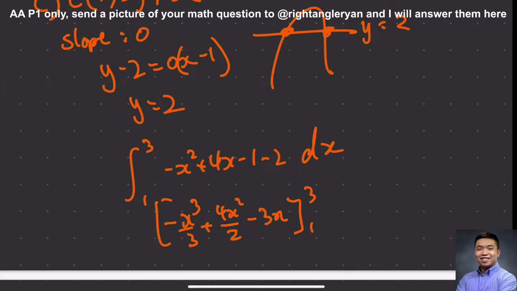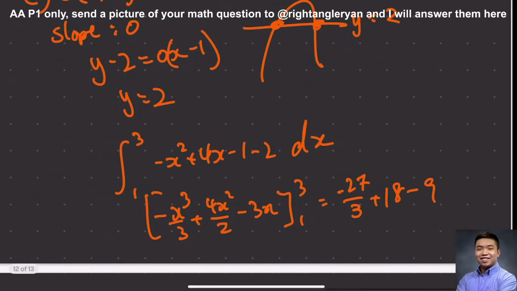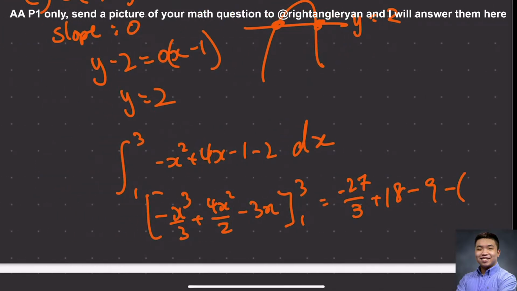If I sub it in, it'll be negative 27 over 3 plus 2 times 9, which is 18, and then minus 9. Subtract by subbing in 1: negative 1 over 3 plus 2, and then minus 3.